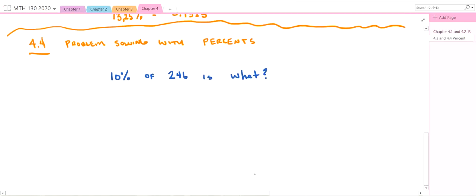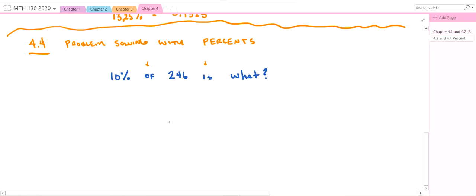And one of the reasons is because I use a system to solve problems like this. So whenever you have a word problem involving percents, always write it in the form of, using the terms of and is.